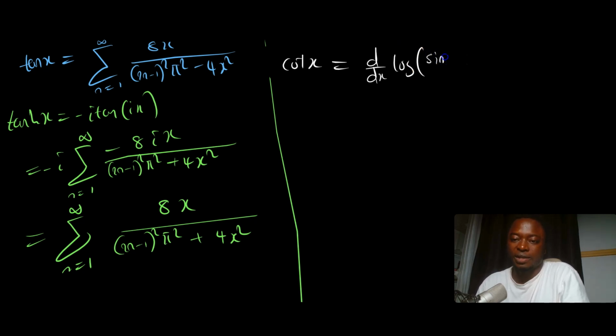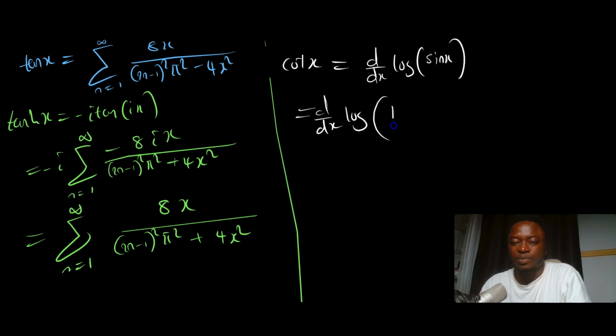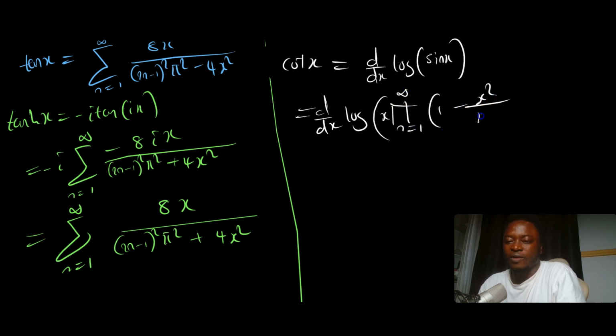So basically, this is going to be the derivative of the logarithm of x times the product as n runs from 1 to infinity of 1 minus x squared over pi squared n squared.